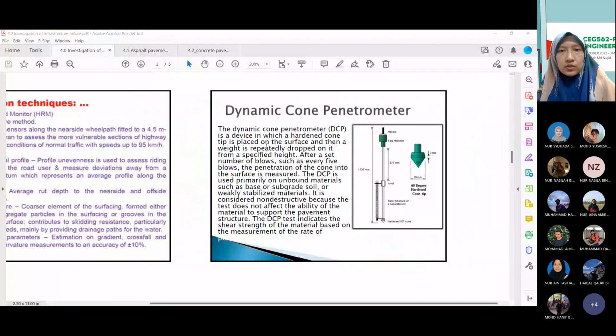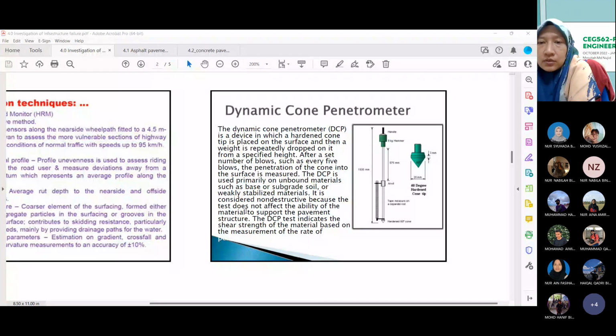Okay, what is a dynamic cone penetrator? It is a device in which a hardened cone tip is placed on the surface and then a weight is repeatedly dropped on it from a specific height. After a set number of blows, such as every 5 blows, the penetration of the cone into the surface is measured, and it is used primarily on unbound materials such as base or subgrade soil or weakly stabilized material.